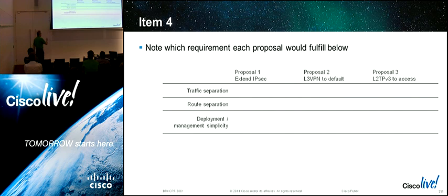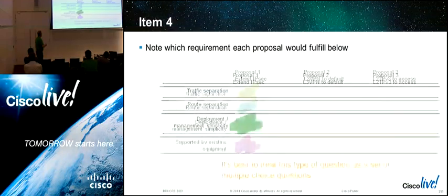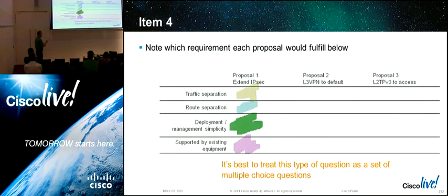Now, when you look at this, you go, oh gosh, there's like 9 possibilities. Does that mean I've got to get it exactly right? No, think about these questions as pseudo-independent questions. So sometimes I care about whether you will recognize and tell me for proposal 1 which requirements will be met. And you get that part right.